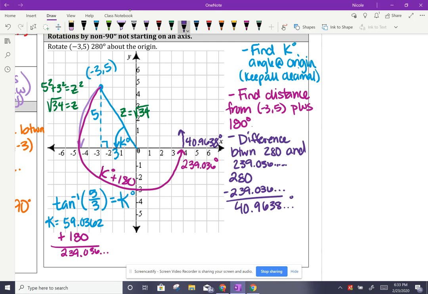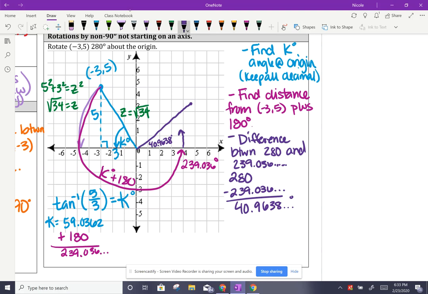And so I'm going to say I'm going to be right about here. So we are rotating up to this point. So my angle in here is 40.9638 degrees.